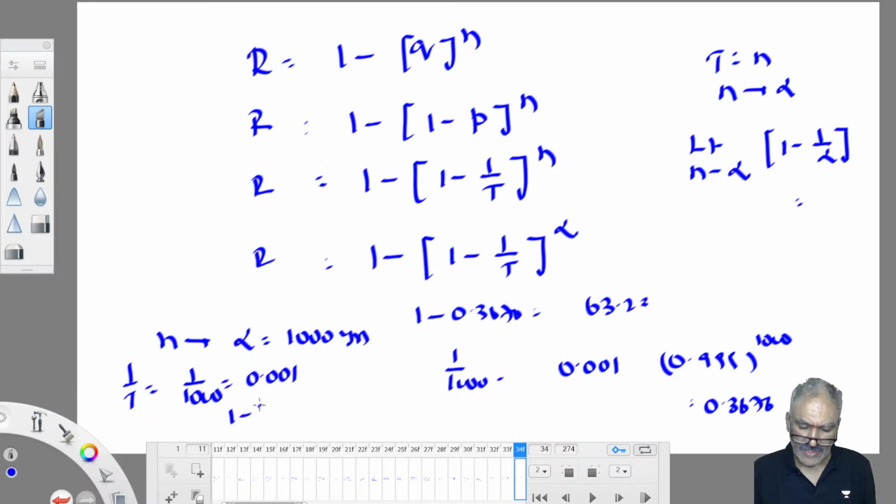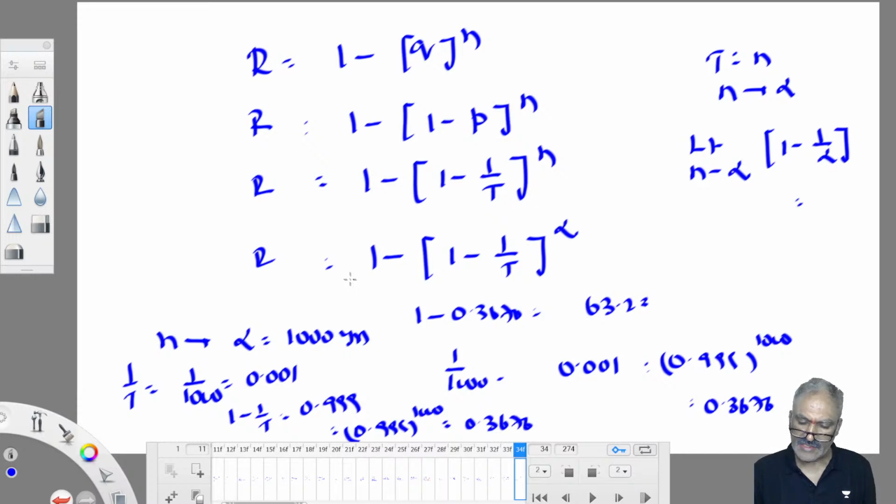So 1 minus 1 by T is 0.999. 0.999 to the power 1000 is equal to 0.3676.